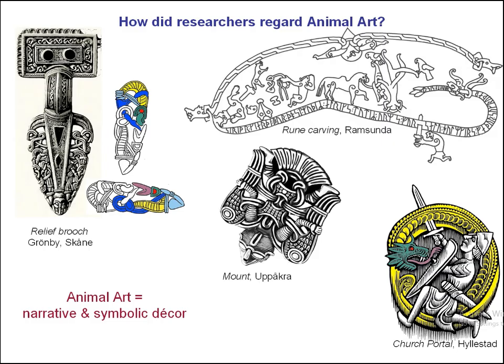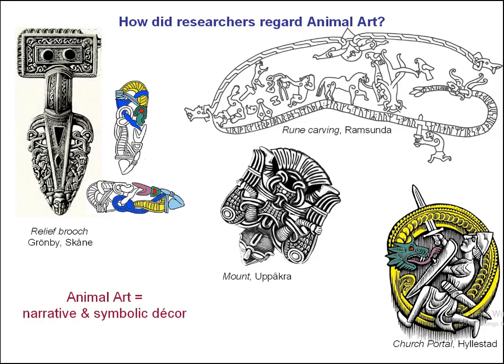So, for instance, let's look up to the right and look at a rune carving from a big mountain at Ramsund in middle Sweden that seems to mirror the heroic saga of Sigurd, the dragon slayer.